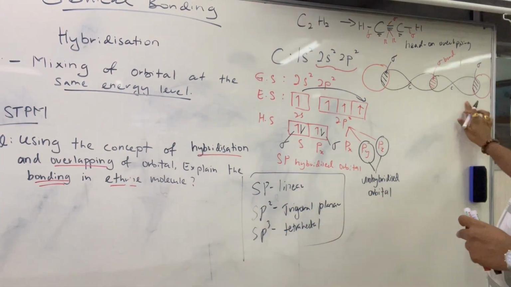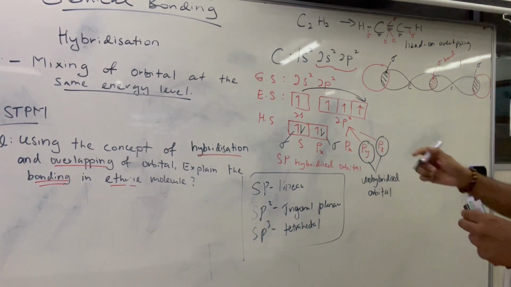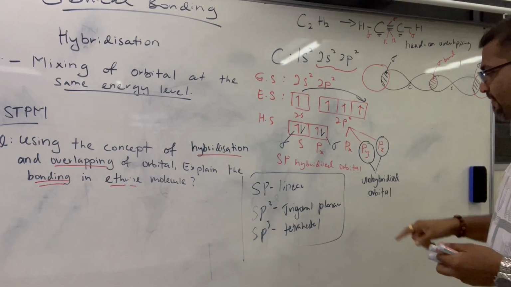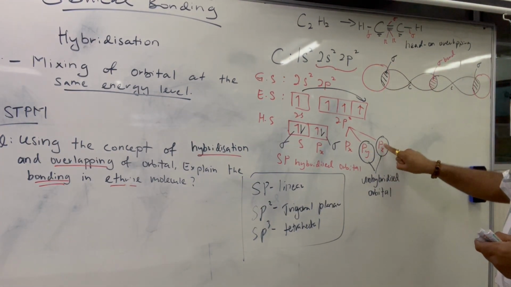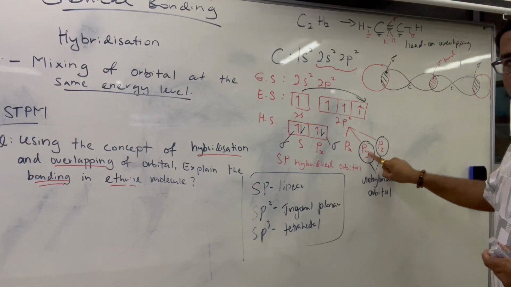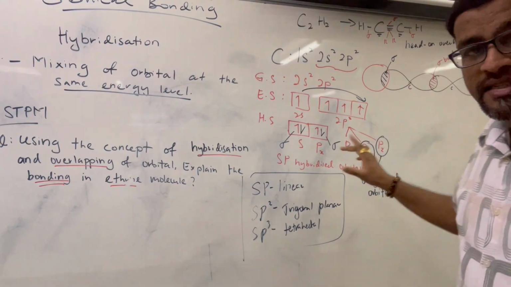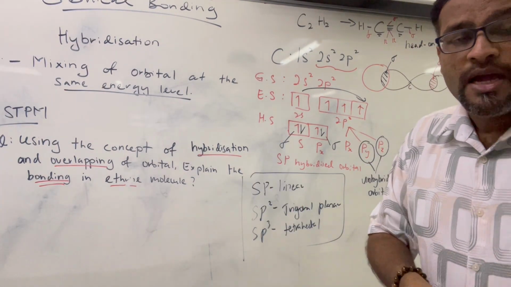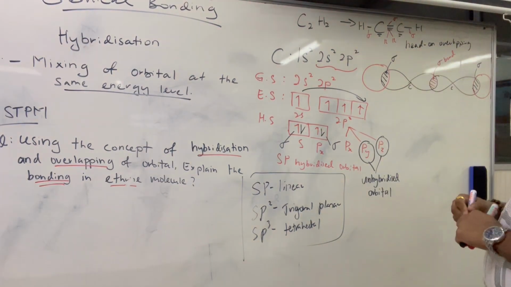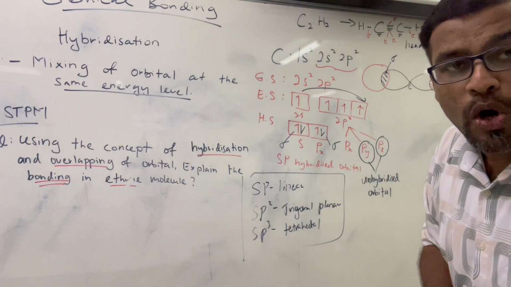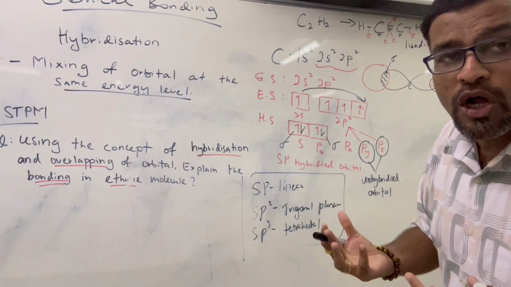So in this molecule, you still have two unhybridized p orbitals, which are py and pz. In these unhybridized orbitals, be mindful that you have two more orbitals, which I used to call pethyl.